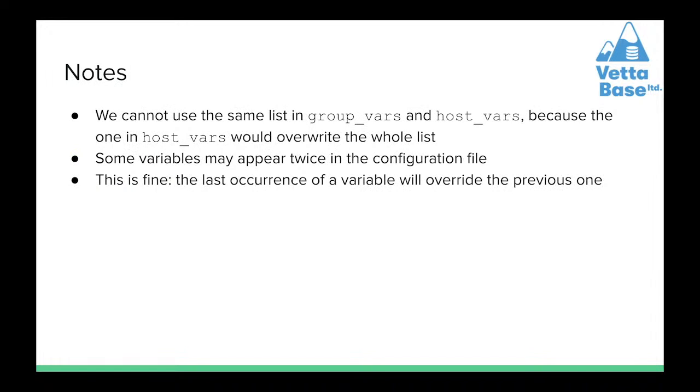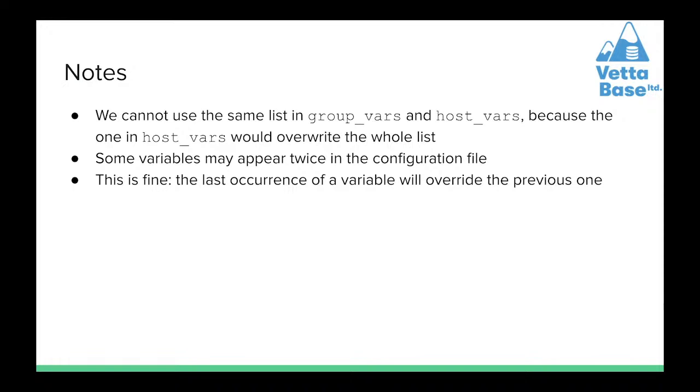Some notes. Why can't we use the same list in group vars and in host vars? Well, because if we do so, the list in host vars would actually override the list in group vars completely, and we don't want that. Obviously, you probably noticed that already.